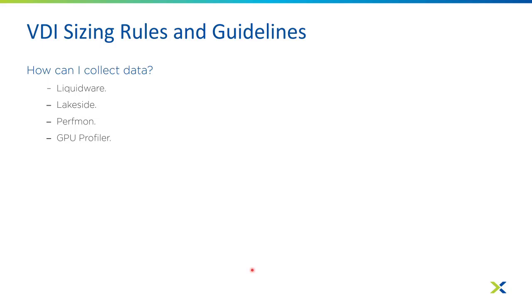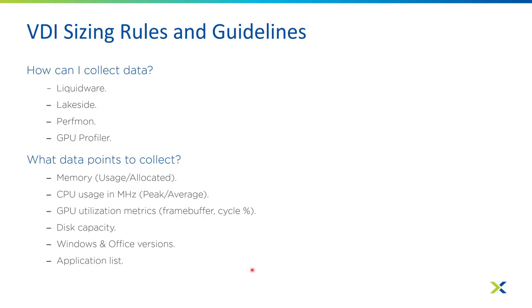So we need to understand what the users are actually doing with those desktops, what they're doing with those applications. We can do that with various tools: Liquidware, Lakeside, Perfmon. There's also a GPU profiler from NVIDIA, to name a few examples. So these are tools that you can use to understand what the user is actually doing in that desktop.